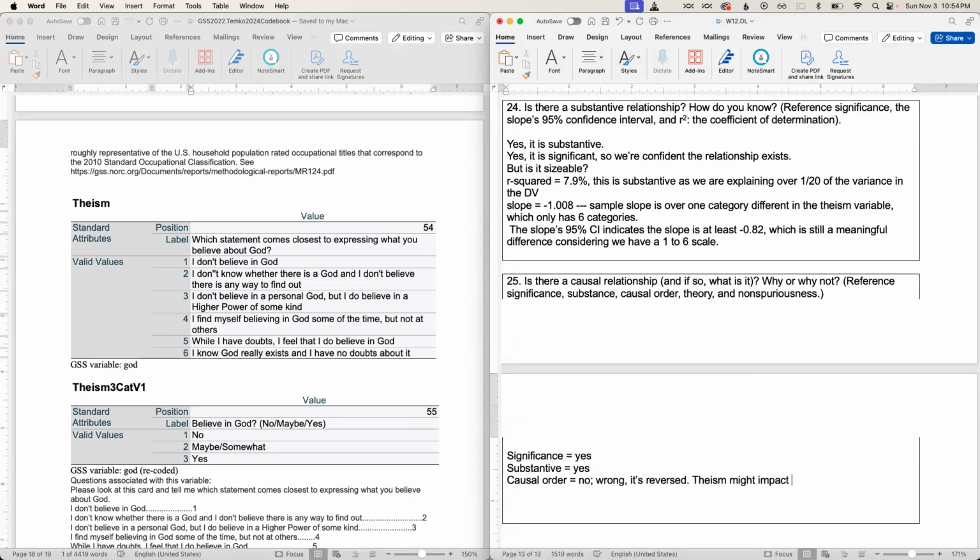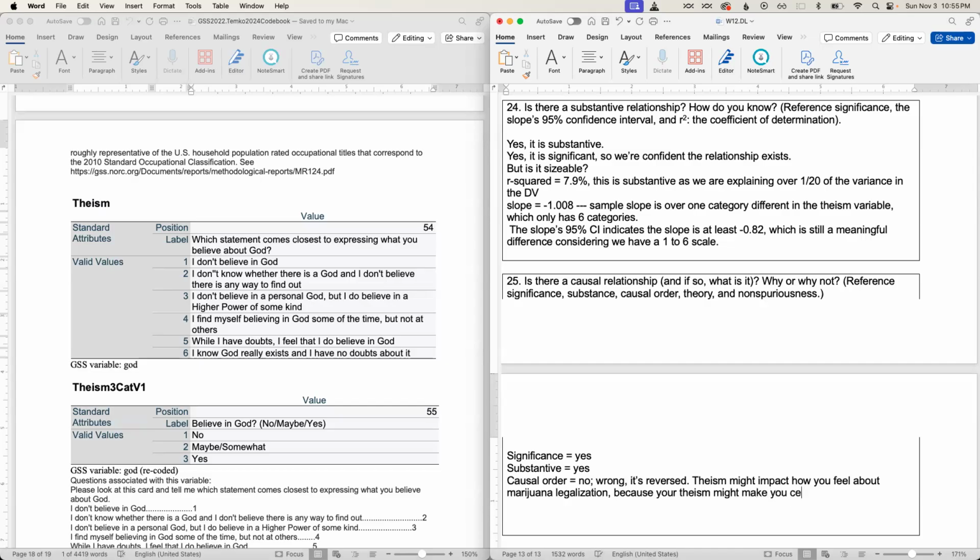Theism might impact how you feel about marijuana legalization, because your theism might make you part of certain social groups that have shared political ideas, philosophies, positions.